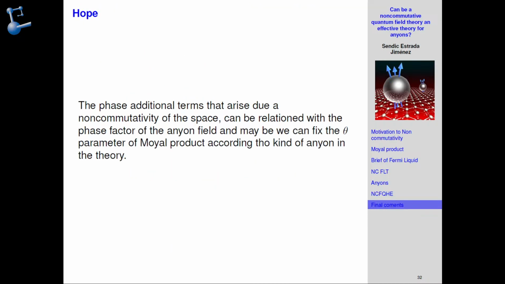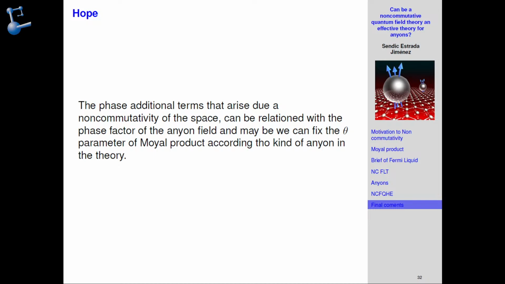The additional phase terms that are due to the non-commutativity of the space can be related with the phase factor of the anyon field, and maybe we can fix the theta parameter of the Moyal product according to the kind of anyon in the theory.